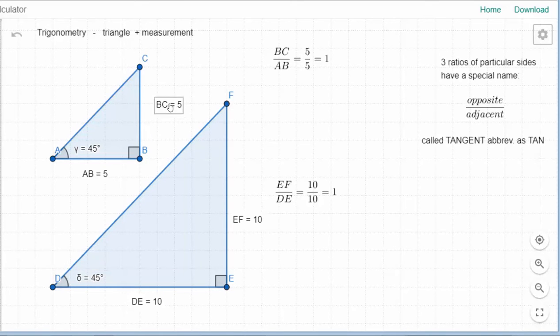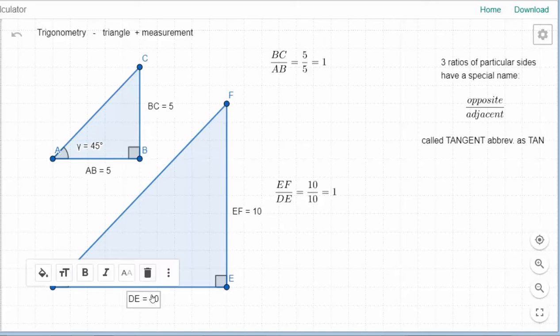And when you do the ratio of the opposite to that 45 degree angle divided by the adjacent length next to that 45 degree angle, for the first triangle you get 5 divided by 5, which is 1. For the larger but similar triangle, so it's got the same internal angles, these are both isosceles triangles because they both have a pair of sides of the same length.